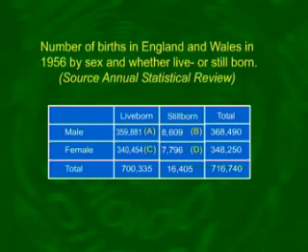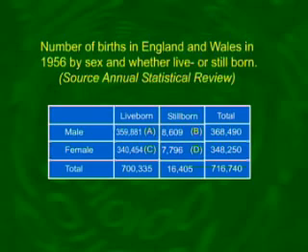As you can see, the total number of births in 1956 in England and Wales was 7,16,740, out of which 3,68,490 were male births and 3,48,250 were female births.